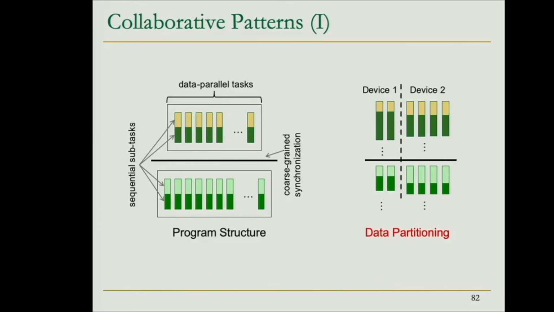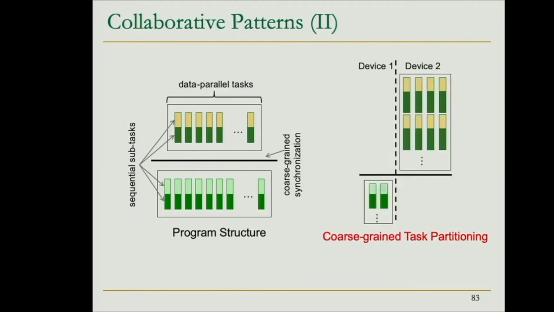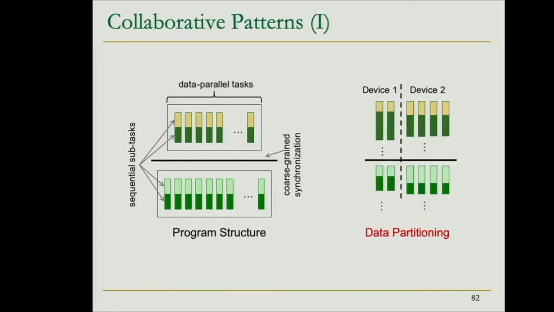But now observe that I clearly see that some operations are faster on the CPU, while other operations are faster on the GPU. So what I could do is look at the entire task.